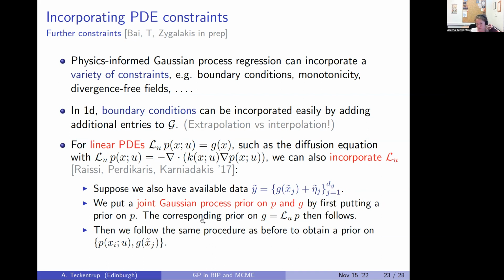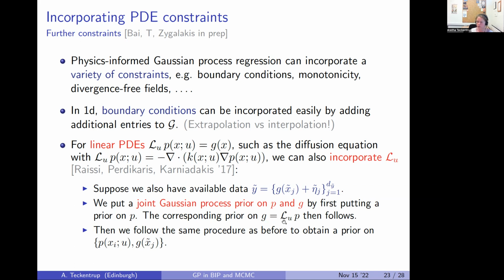The way it works is that you put a joint Gaussian process prior, not just on the PDE solution P, but also on your right-hand side G. You first put a prior on P, like we did before, and then you get a corresponding prior on G, again by pushing forward the Gaussian process through the linear operator L of U, right?